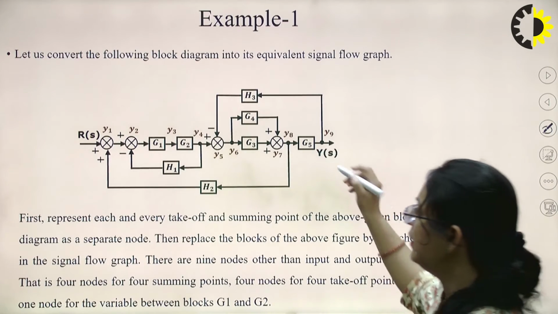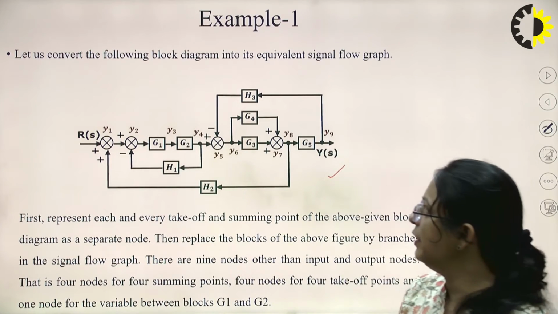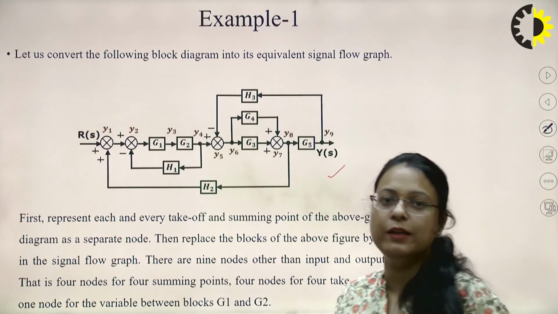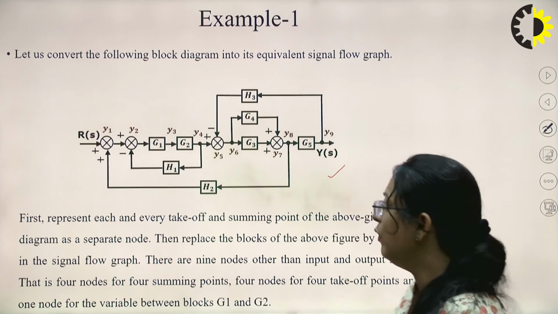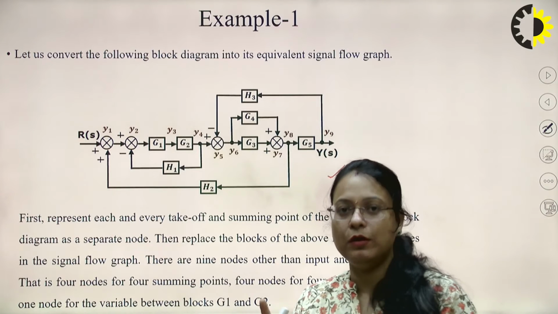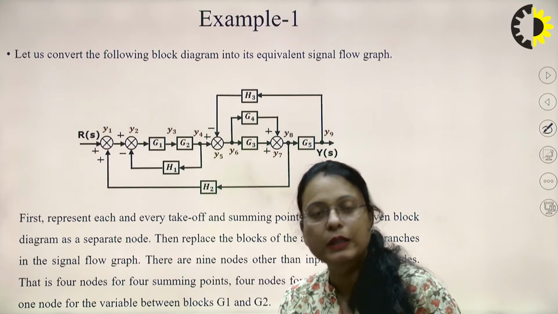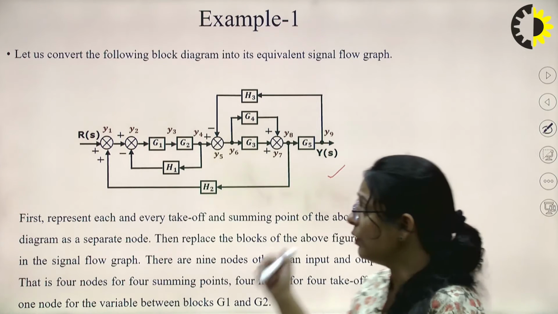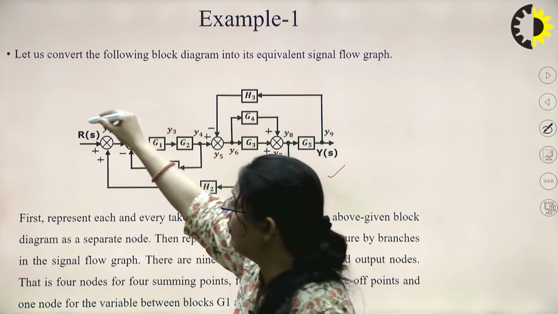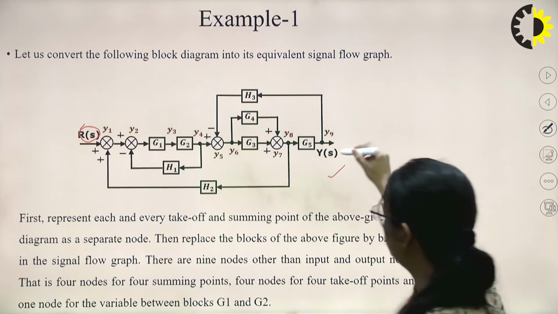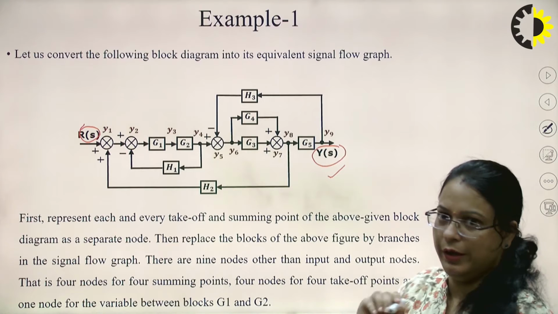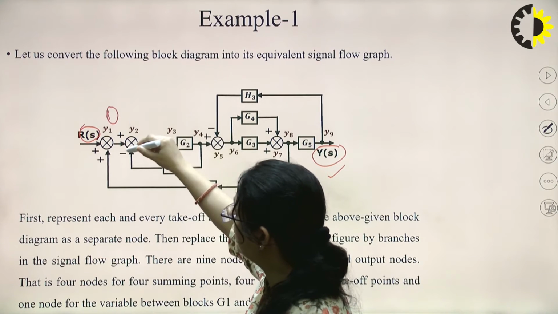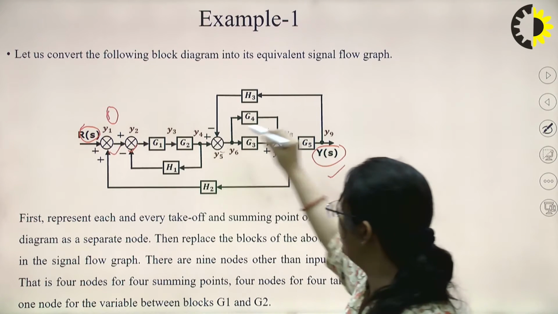So, let's take an example here. You can see we have to convert this particular block diagram into the signal flow graph. First of all, we have to represent all the blocks, all the summing points and all the takeoff points by nodes. Here R(s) is the input and Y(s) is the output. There are 4 summing points in this block diagram, 1, 2, 3 and 4.